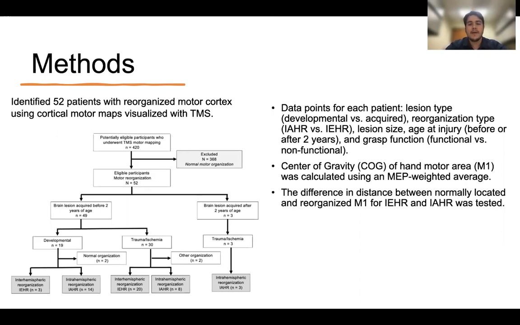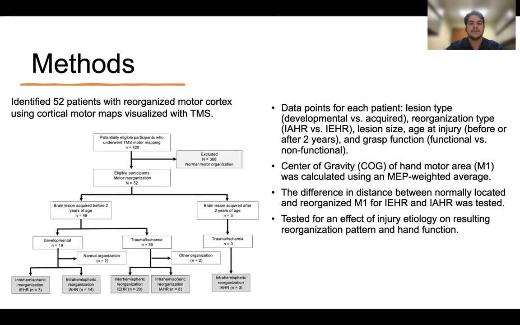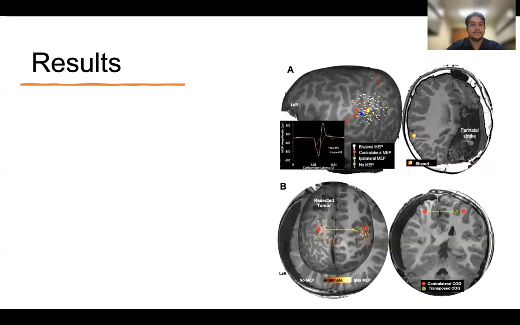We tested for mean differences in the distance between normally and reorganized center of gravities between the interhemispheric and intrahemispheric groups. We also tested for an effect of injury etiology on resulting reorganization and hand function. And finally, we tested for an effect of reorganization pattern on hand function.